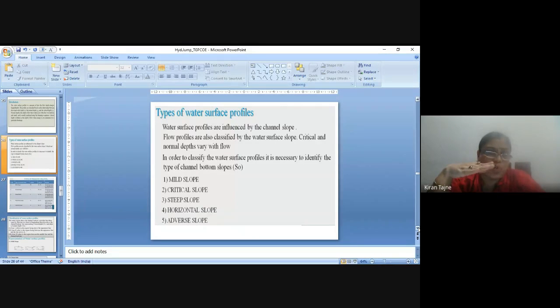When the channel bottom, instead of falling, rises in the direction of flow, then S0 is less than 0. In adverse slope, S0 is less than 0 and yn, that is normal depth, is imaginary. Then this is called adverse slope. The channel bottom, instead of falling, rises in the direction of flow.